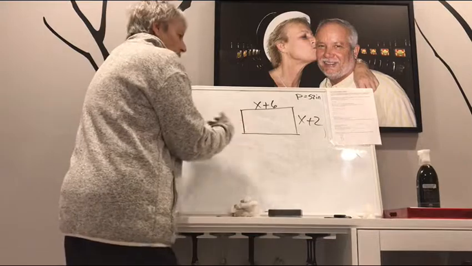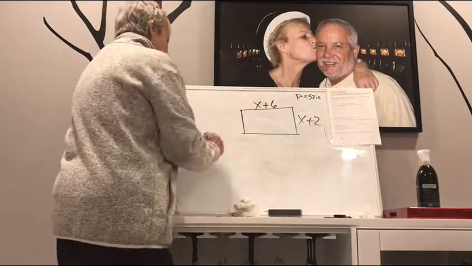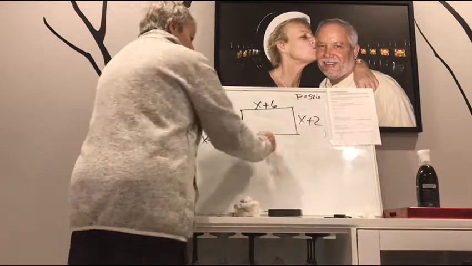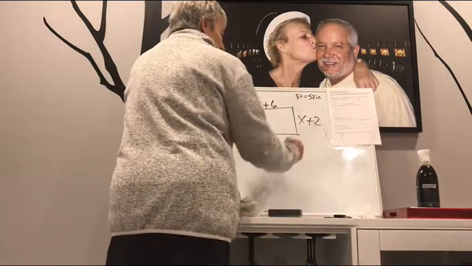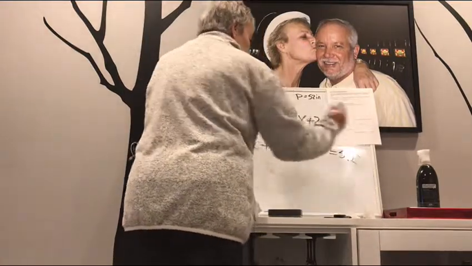This time I won't use 2 with the distributive property. I'll write out 4 sides. First side, second side, third side, fourth side, all equal 52.